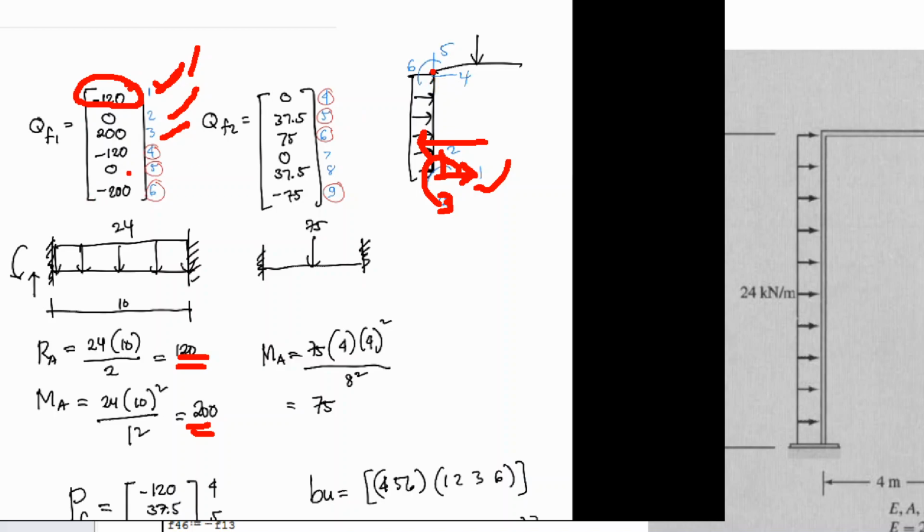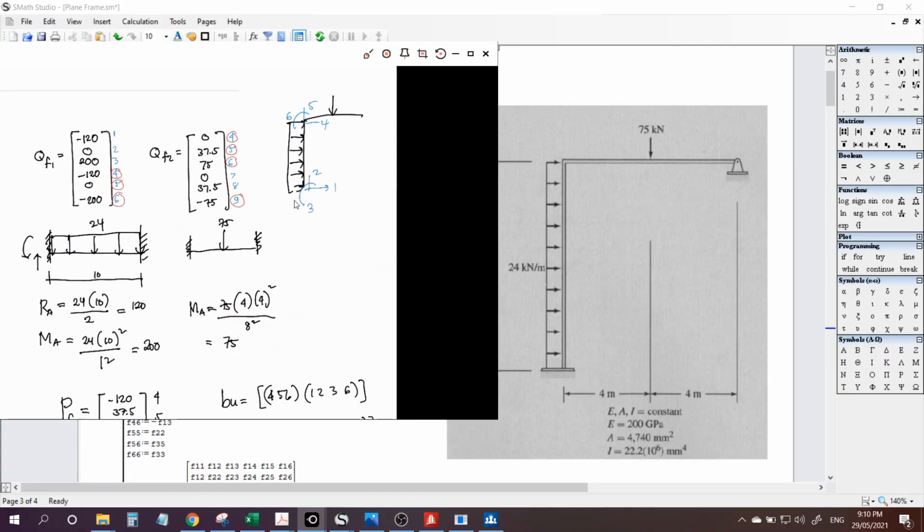So 4 will be negative 120. 5 is 0 because we don't have actual reaction here. And moment is negative 200. Again, take note of the consistency between the direction of the code and our fixed end forces.